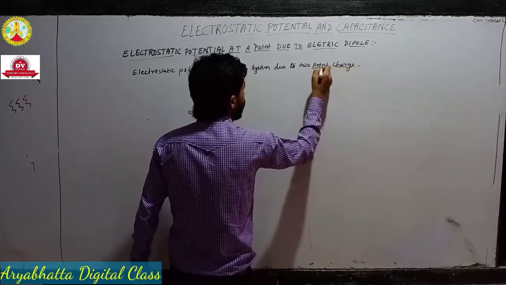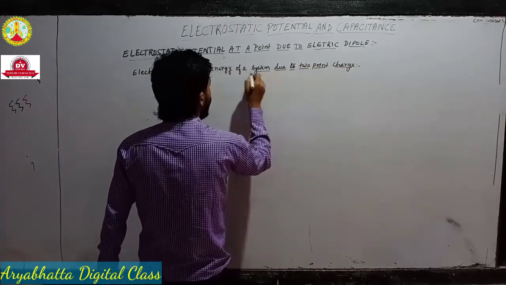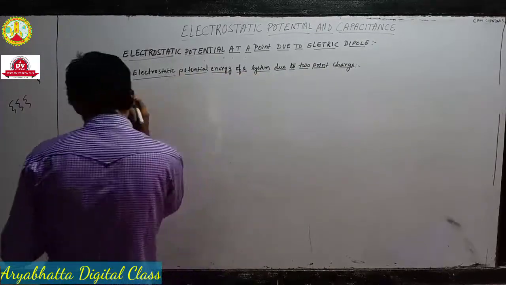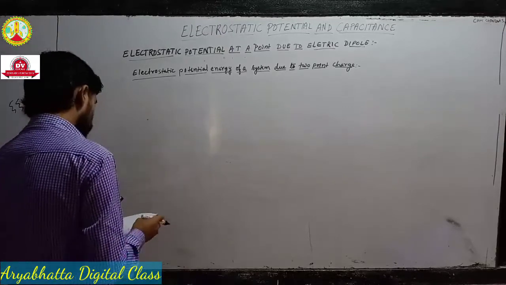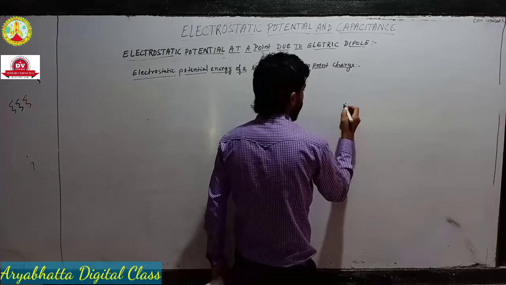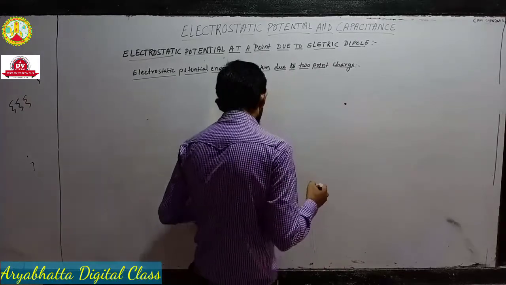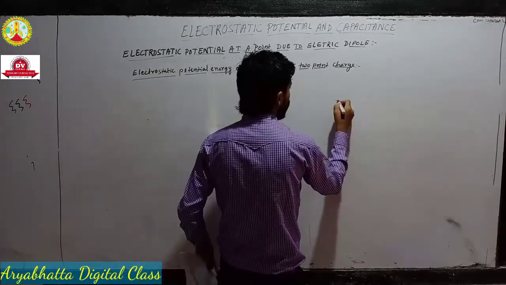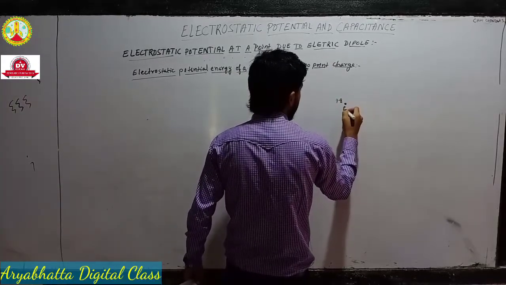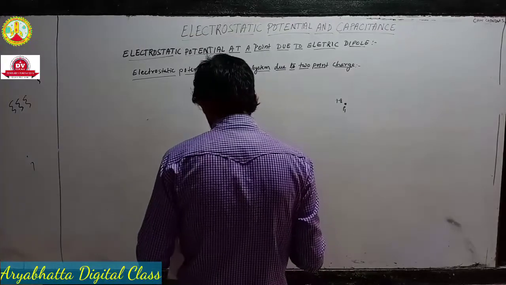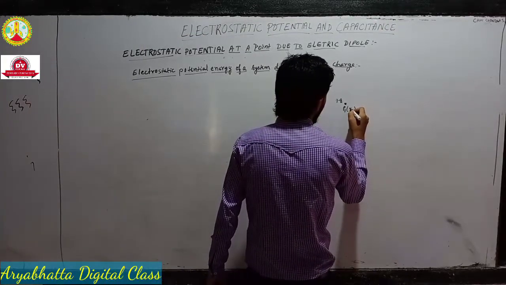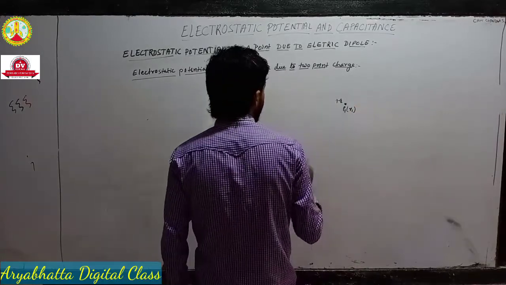Means we need to find the potential energy of a system where there are 2 point charges. So let's draw a diagram first. Let's take a point charge plus Q1, situated at this point, P1, at a distance R1.